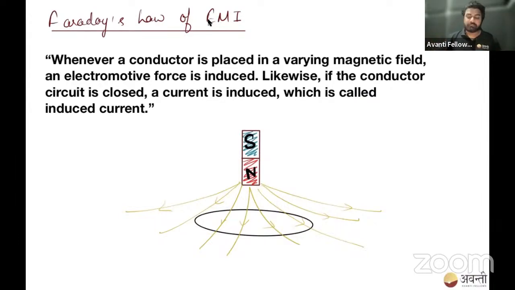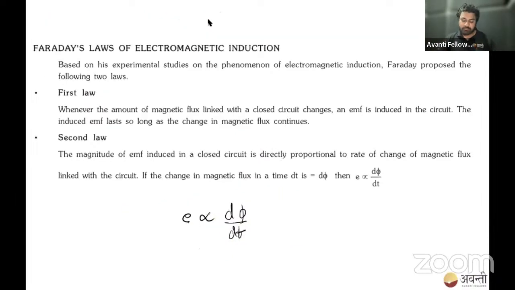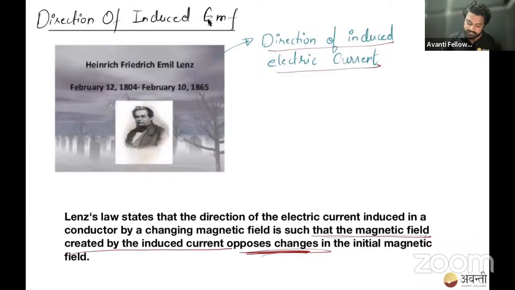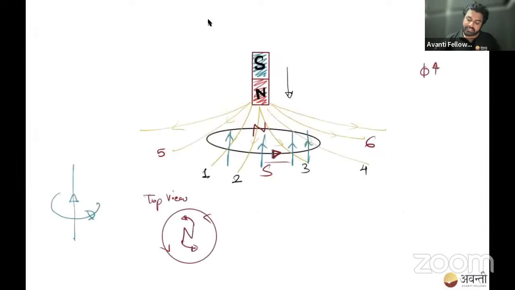The direction was given by Lenz. Lenz said that the magnetic field created by the induced current opposes the change. For example, if the magnetic field lines are increasing, then that loop or circuit will try to oppose that increase. It will try to decrease it by creating an opposite magnetic field.